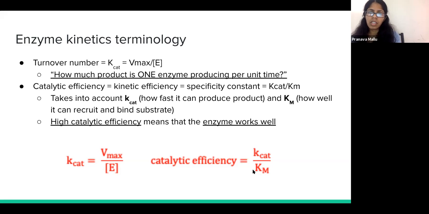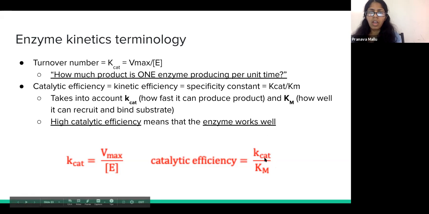To keep reviewing what Km is, this is the substrate concentration at which 1/2 Vmax is reached. So when you take both of these into account, you're taking into account KCAT, which is how fast a single enzyme can produce product, and Km, how well it can bind substrate to make product.